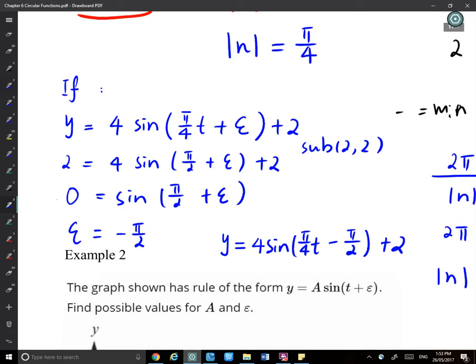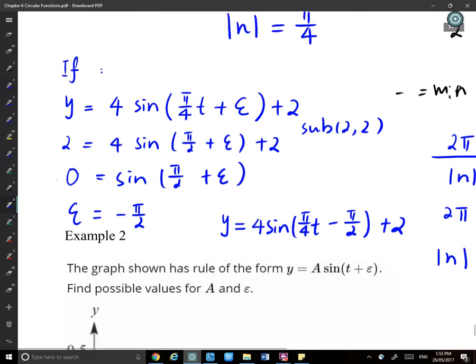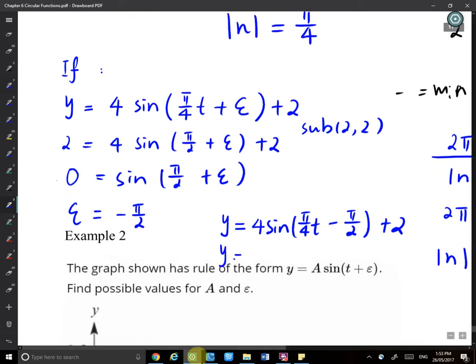Yes, the period is 8, the maximum is 6, the minimum is -2, the middle line is 2. When I substitute 2, it gives me y equals 2. For this equation, it satisfies everything they want. But there will be more than one answer. For example, I can write another one.